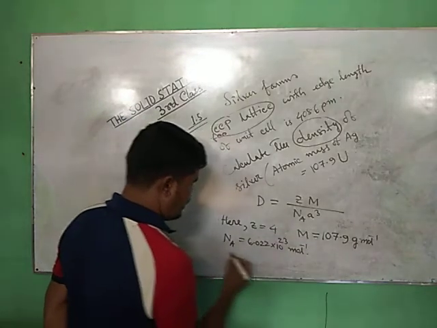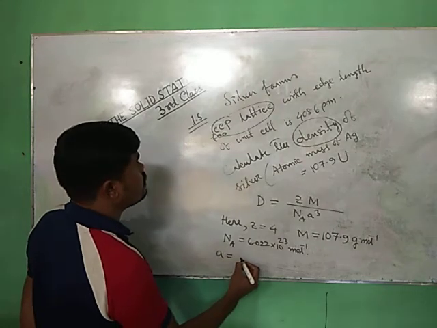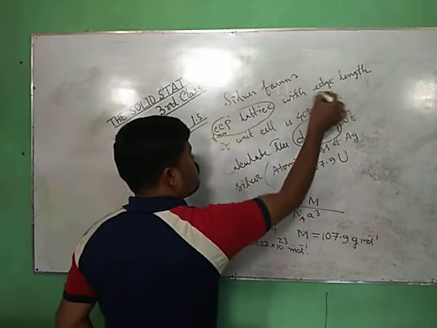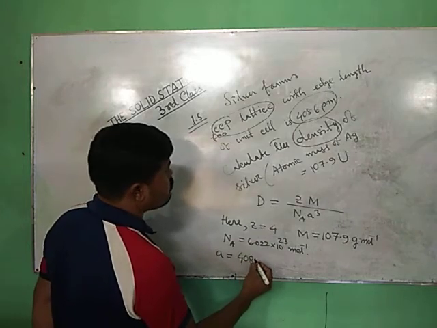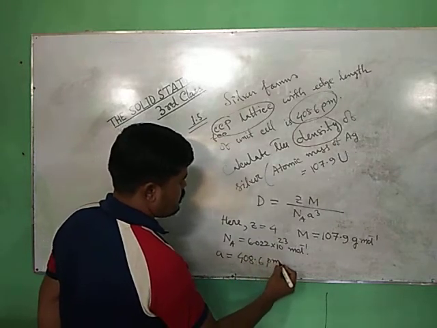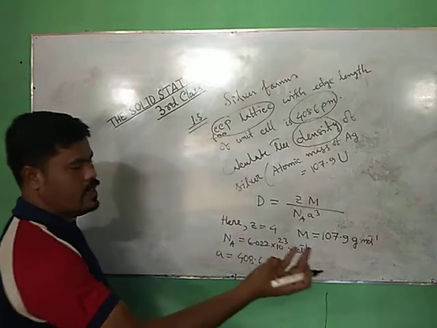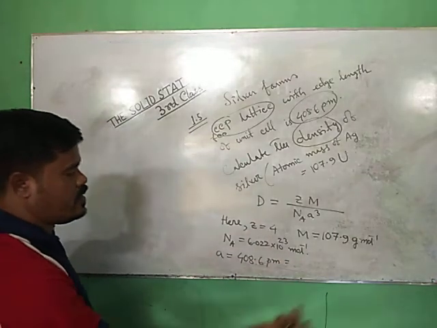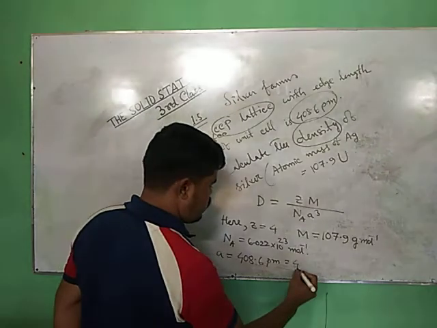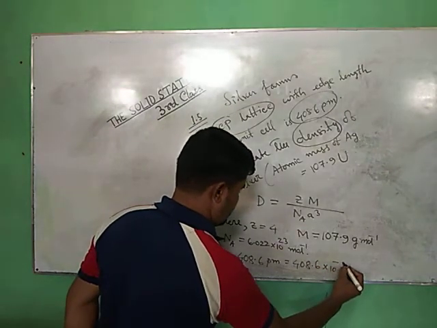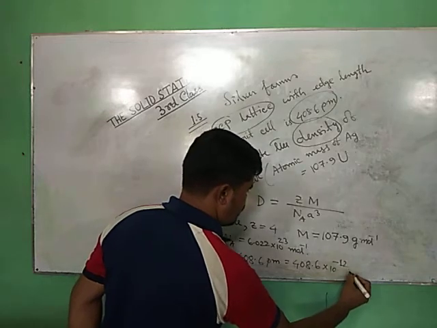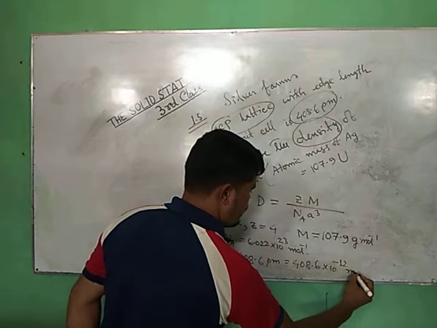Next, a is given as 408.6 picometer. Milli, micro, nano, pico: that is 408.6 into 10 to the power minus 12 meter.